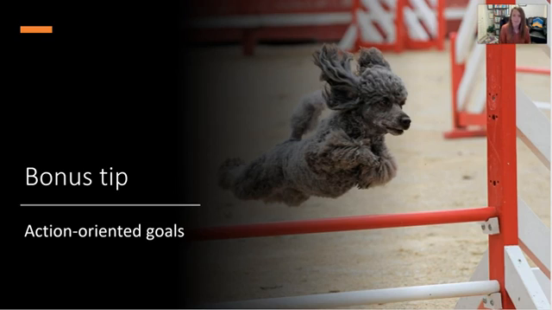So for example, this little agility dog here in the photo might say, I want to be able to clear the red pole, as opposed to, I want to avoid knocking down the red pole, right? I want to go the whole race without knocking any poles down is more problem-oriented, whereas I want to go the whole race clearing all the poles is more solution-oriented.